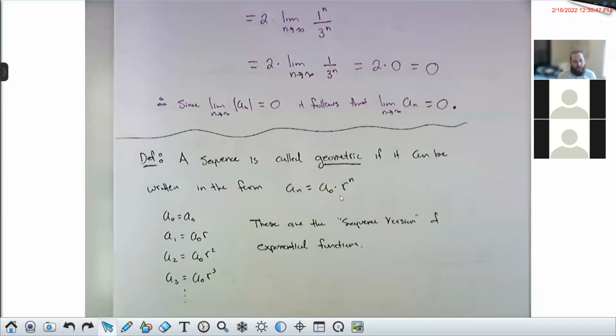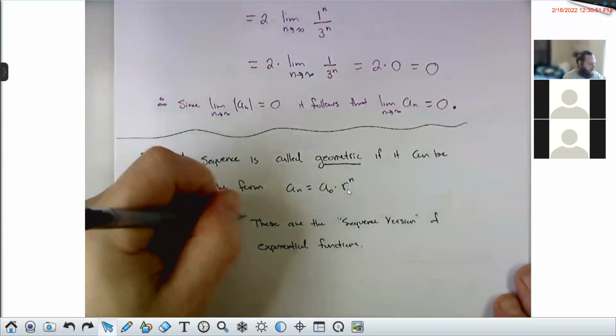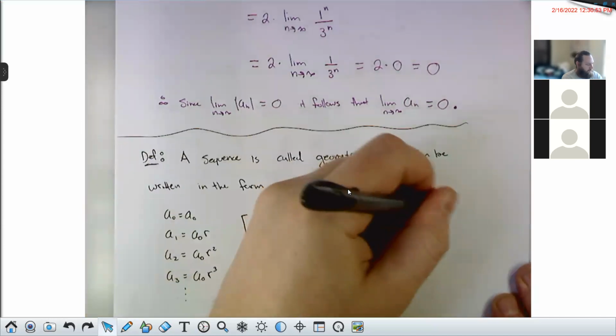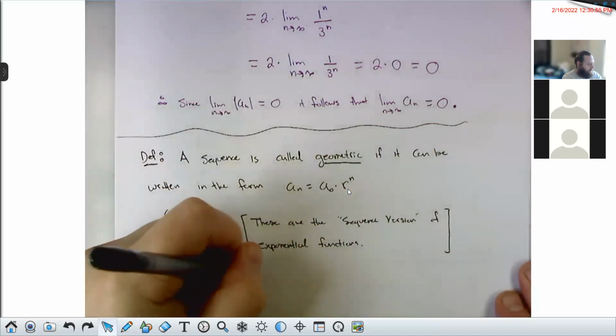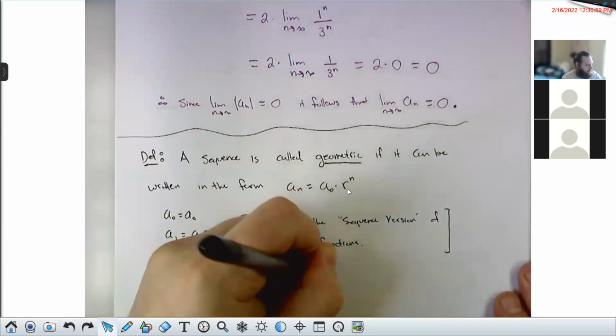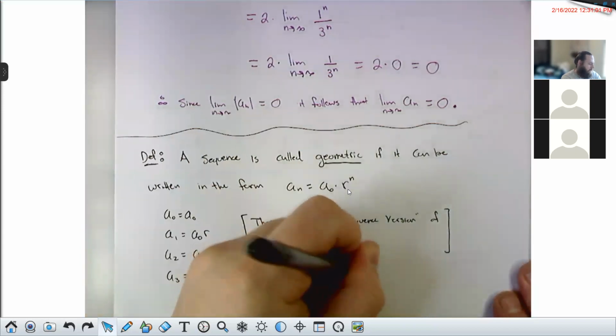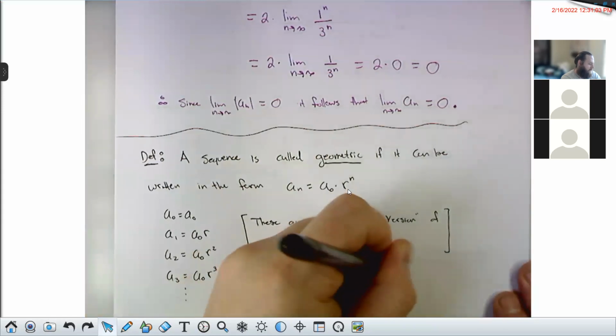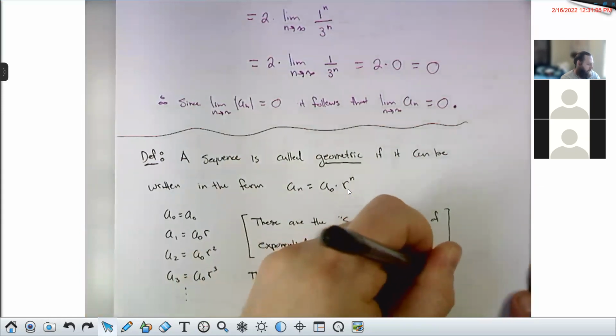Like if I had r to the x, that's a base r exponential. In this context it has a different name. It's called the common ratio.